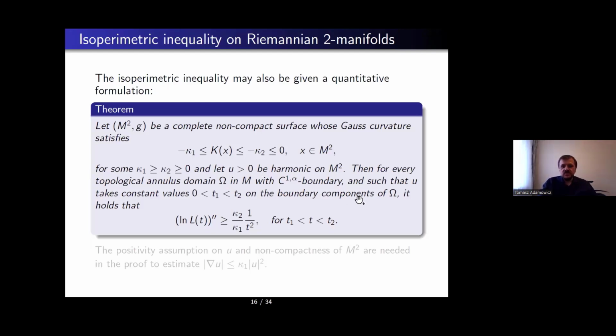Then in our setting of annuli, we may show that the following inequality holds. And if you wonder why we impose this extra assumption about the non-compactness and positivity of a harmonic function, it's because in the proof of this theorem, we use the following inequality, which has these two assumptions.